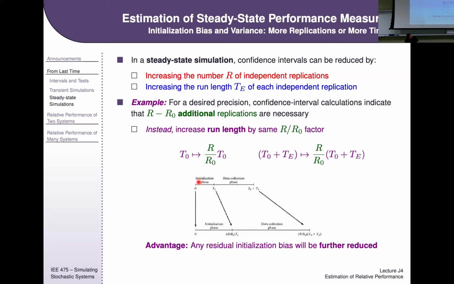So this is the idea here. This is our initialization phase of a short sim. This is our data collection phase. And we've reached that point where we've run 25 replications. Now, instead of running more replications, we're going to grow our end time.